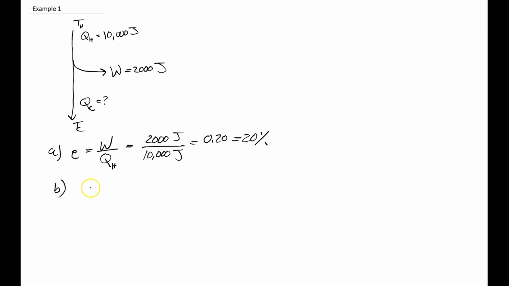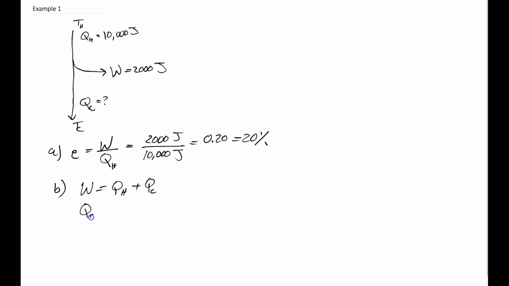For the heat discarded, we know that the work done is going to be the sum of the heat from the high reservoir plus the heat from the low reservoir.